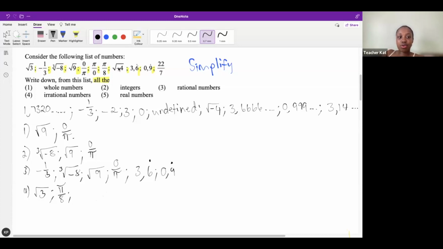And now we have the square root of -4. Would that be irrational? It's not irrational because it is what? There's only one that goes under number 5. Let me rather say unreal. Which one is unreal? There's only one of them here.